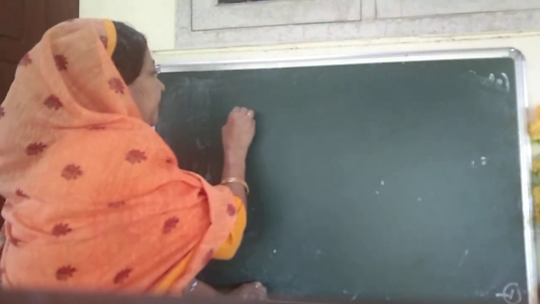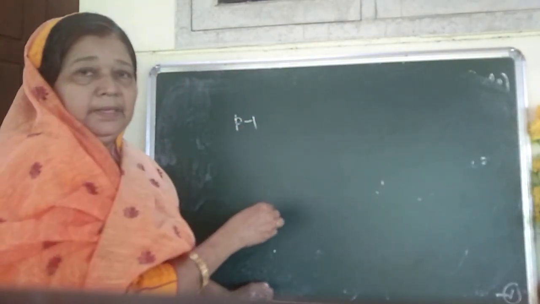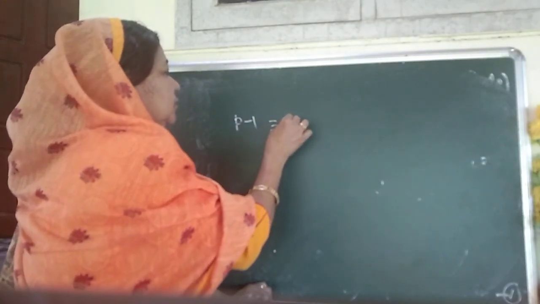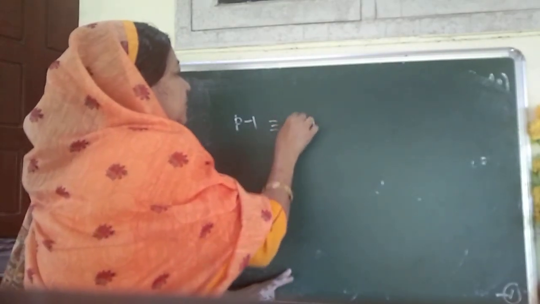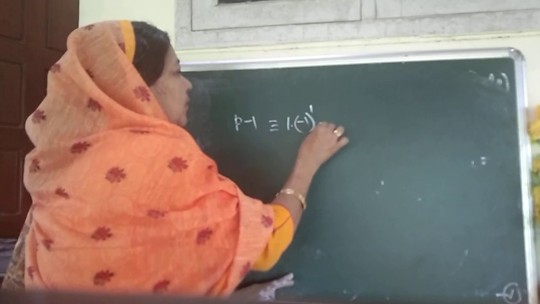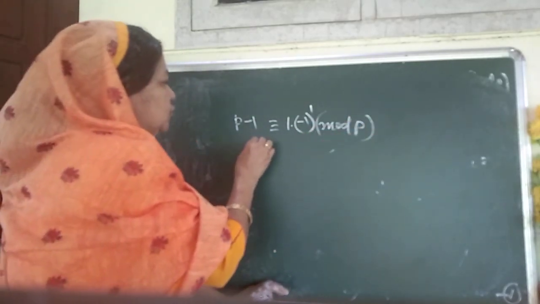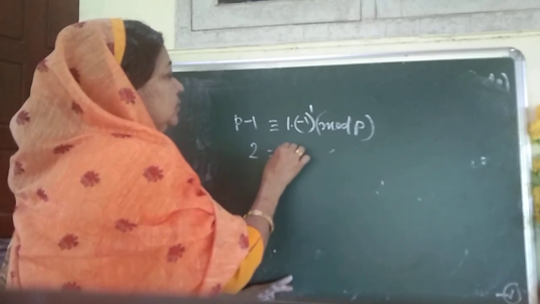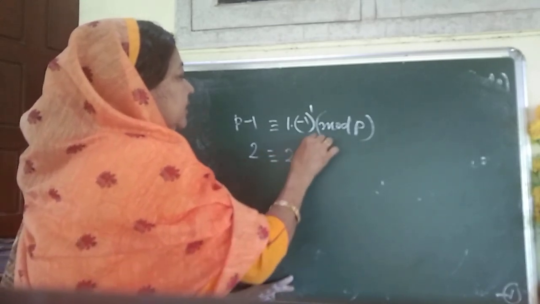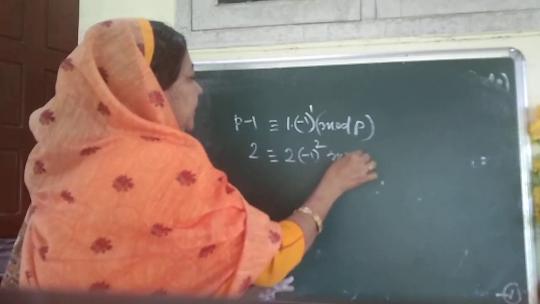We know p minus 1 is congruent to 1 times (-1) raised to 1 modulo p. Similarly, 2 is congruent to 2 times (-1) raised to 2 modulo p.